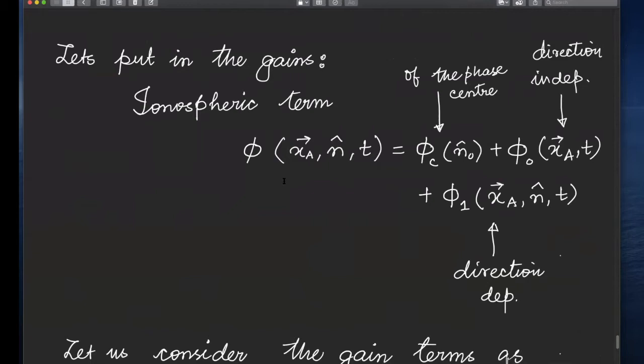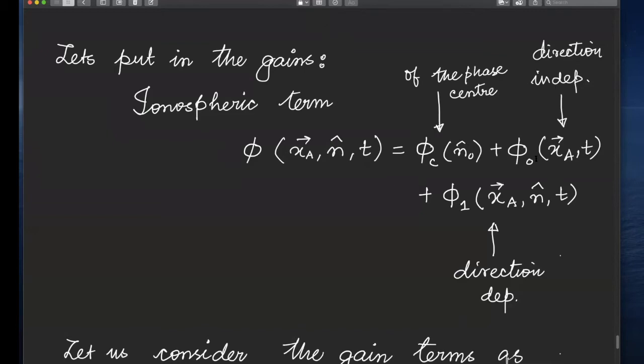So that is a kind of DC term within your field of view. If I look in a slightly different direction, if I change my field of view, the RA and Dec to which my antenna is pointing, say by 10 degrees, then that will change. But within my field of view, it remains constant. So that term I have written here. The C stands for the phase center. So this is the phase in the direction of the phase center of our antenna. And this is for all the antennas.